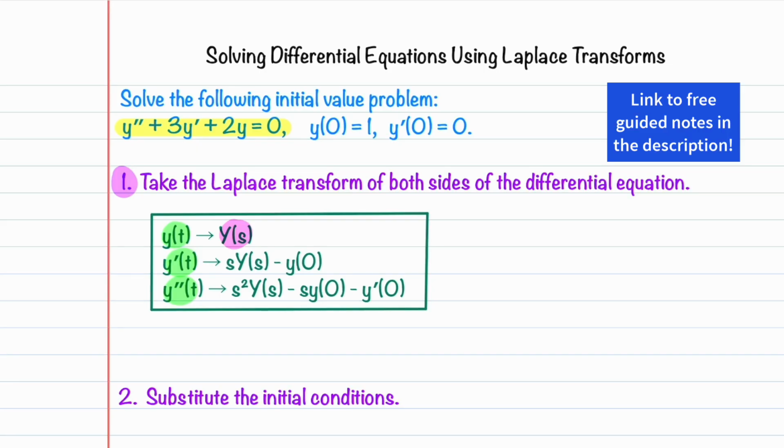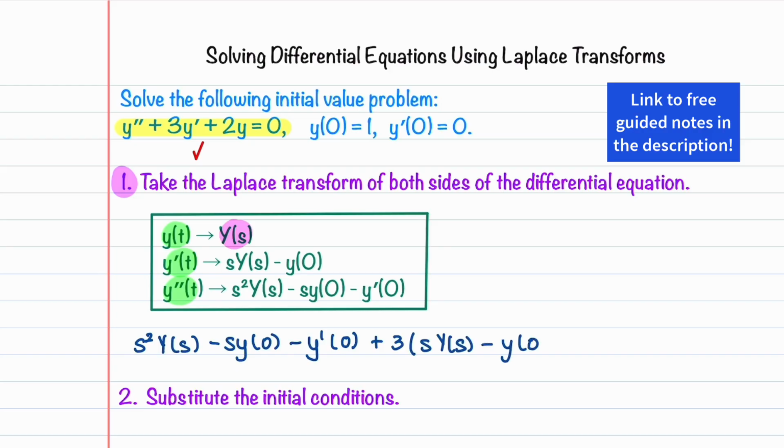Substituting these formulas into our differential equation gives us s squared capital Y of s minus s y of 0 minus y prime of 0, plus 3 times the quantity s capital Y of s minus little y of 0, plus 2 capital Y of s is equal to 0.